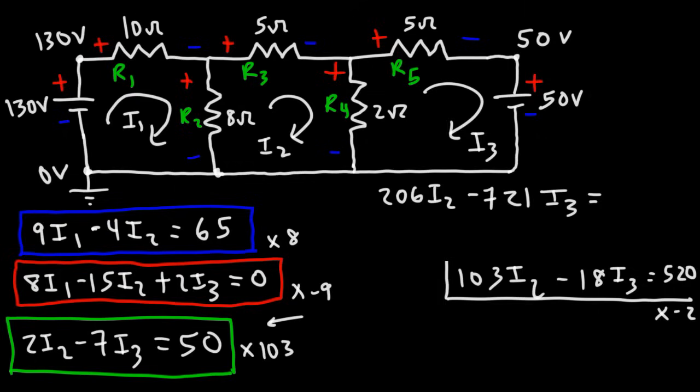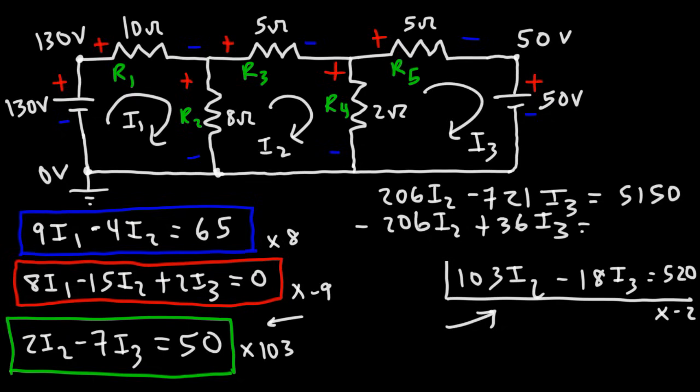And then 50 times 103, that's 5150. Now multiplying this equation by 2, I'm going to have negative 206 I2. Negative 18 times negative 2, that's going to be positive 36 I3. And then 520 times negative 2, that's going to be negative 1040.